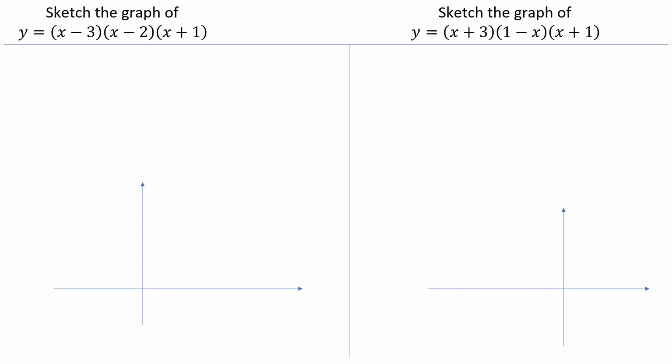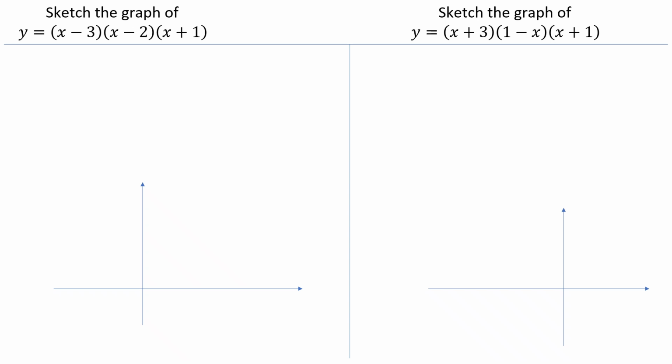Sketch the graph of y equals x minus 3 times x minus 2 times x plus 1. To sketch the graph, we need to know where the graph cuts the x-axis and the y-axis. So we need to find the roots and the y-intercept.